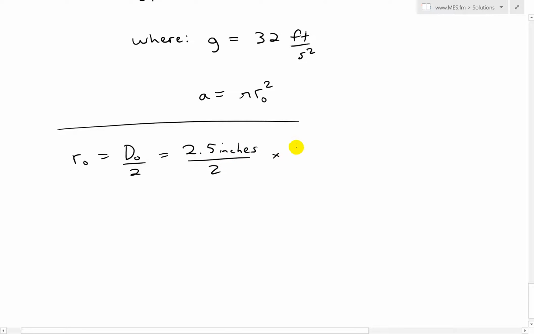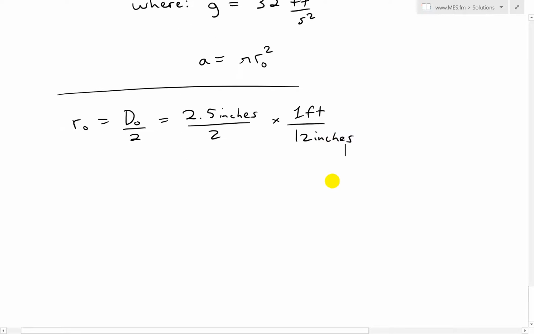We're going to multiply this by 1 foot, and in 1 foot there are 12 inches. So the inches cancel and we're left with feet. I'm also going to write this as a fraction, just to make it easier instead of using the calculator or dealing with decimal points.